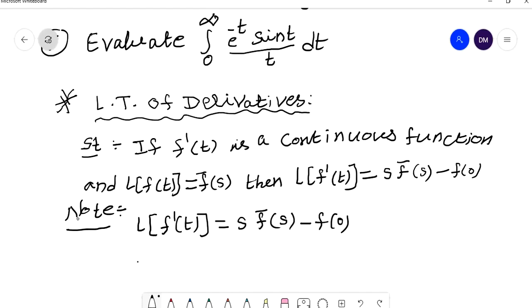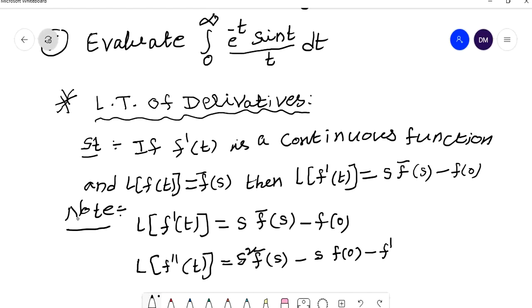Now what is the Laplace transform of the second derivative of f of t? If you have the first derivative, we start with s. If you have the second derivative, we start with s square. So s square into f bar of s minus, reducing the power of s, s into f of 0 minus f dash of 0.